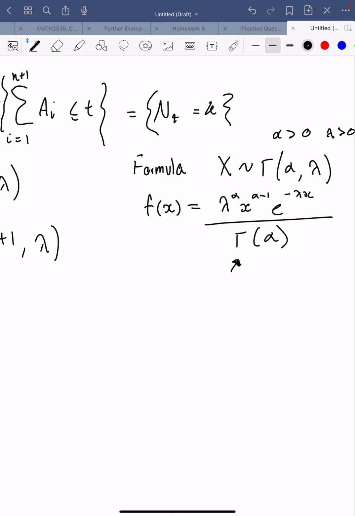Now the gamma function is essentially (alpha minus 1) factorial, I believe. Let me check. Yeah, it is.